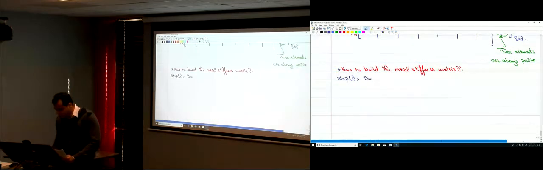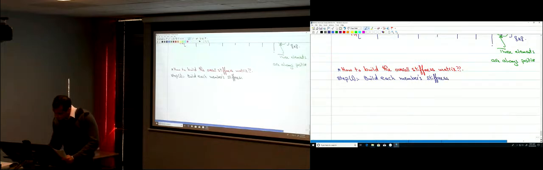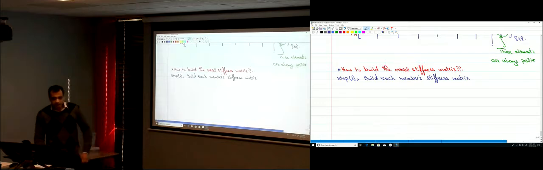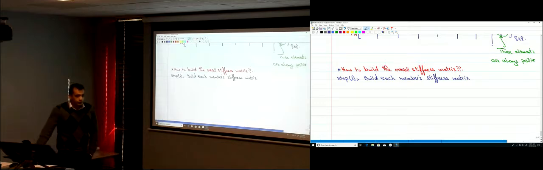We first have to build each member's stiffness matrix. How many members do we have in this problem? 3.